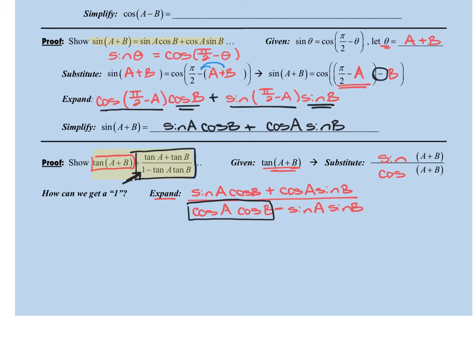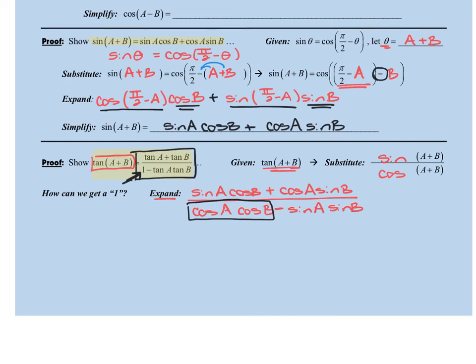I know that if I divide something by itself, it's going to equal 1. So if I divide this by itself, I'll get the 1. But if I divide this by cosine A, cosine B, I need to divide everything by that.